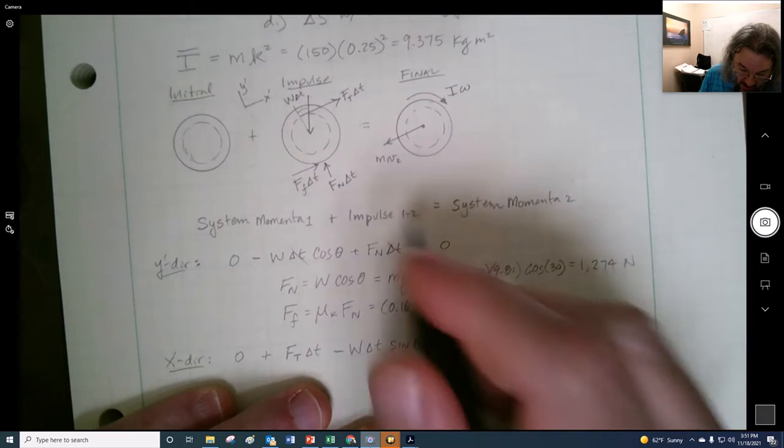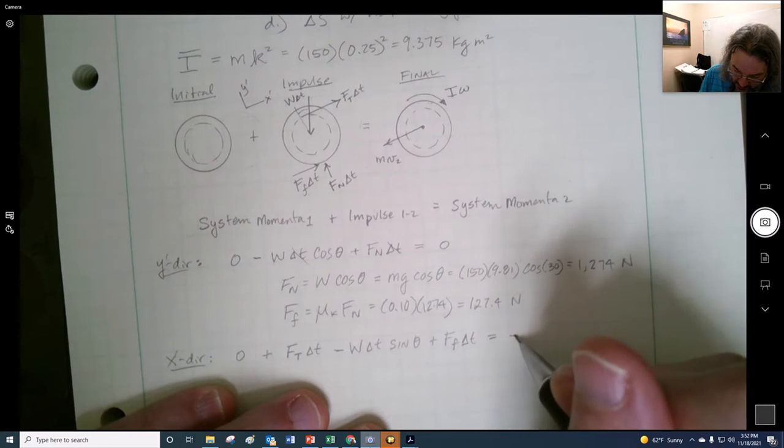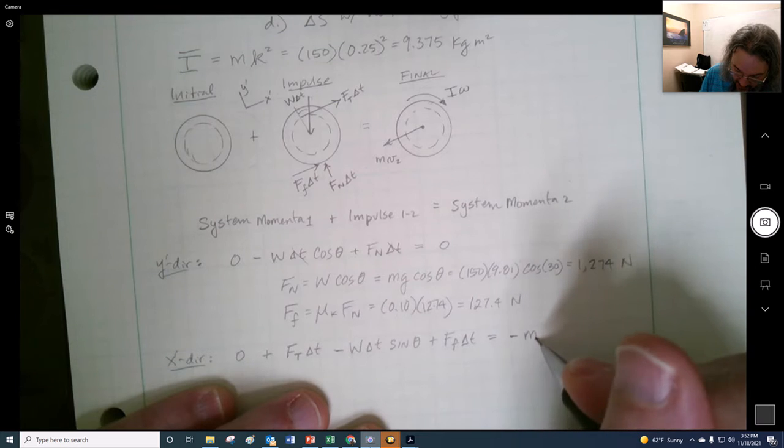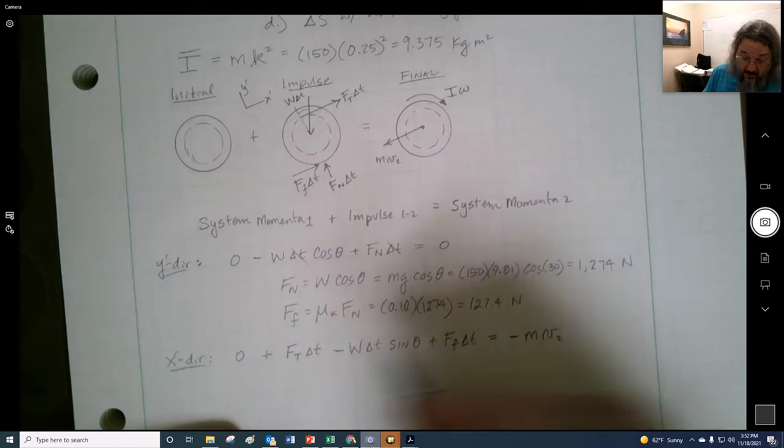And that's all there is, an impulse, and it's going to be equal to negative mv2. Right, so that's linear momentum.